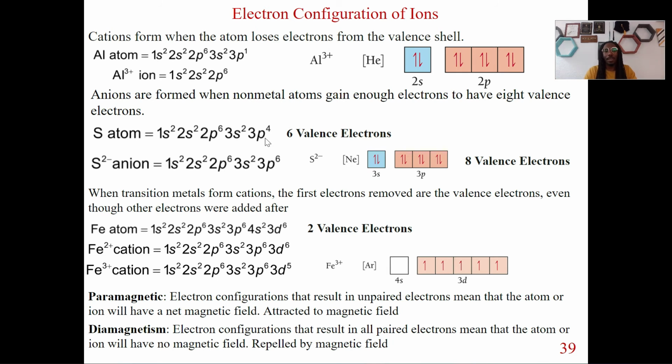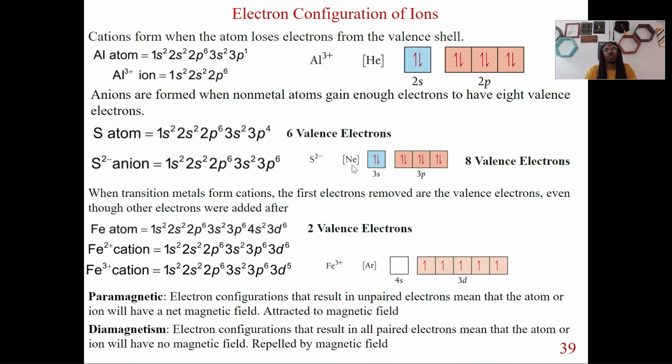But when it's an anion, it needs to gain 2 electrons to become this anion. Now, why in this case would it want to gain electrons? Because it's easier to gain those electrons than lose 6. So it's going to gain 2 more electrons in order to get to the noble gas electron configuration.